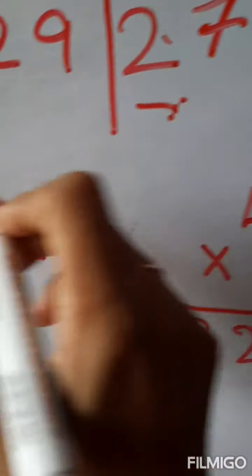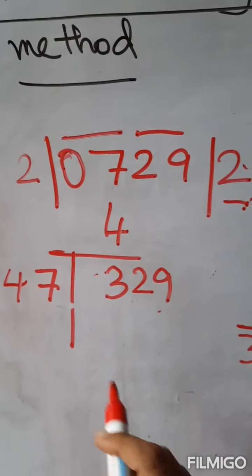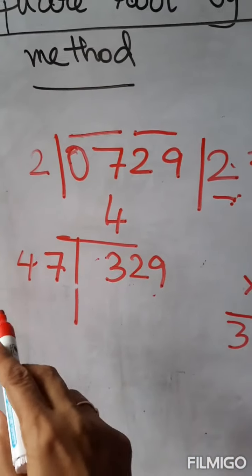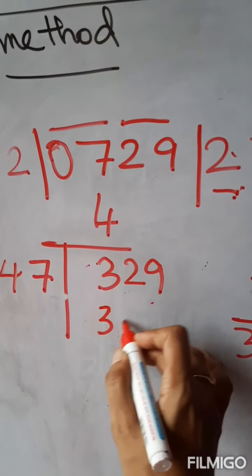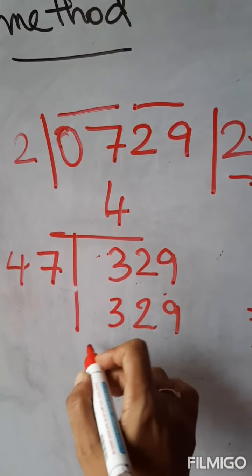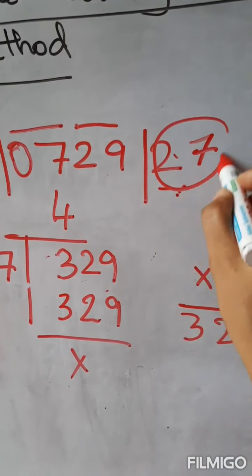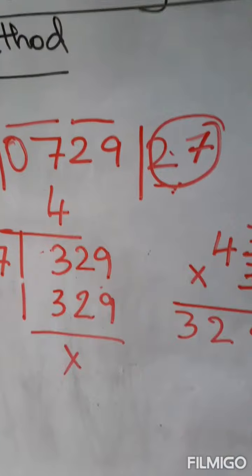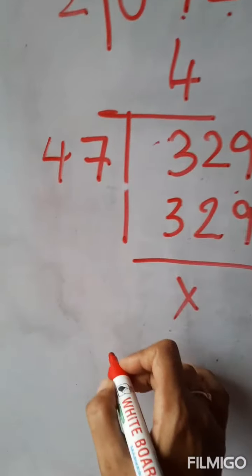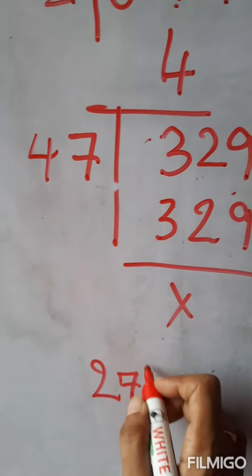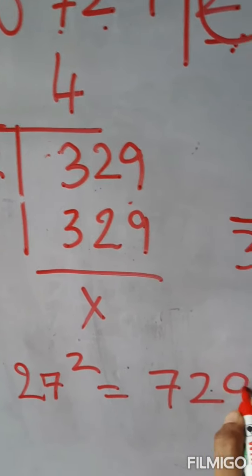So we write 7, and 47 into 7 gives us 329. So the quotient, or the square root of 729, is 27. So 27 squared is 729.